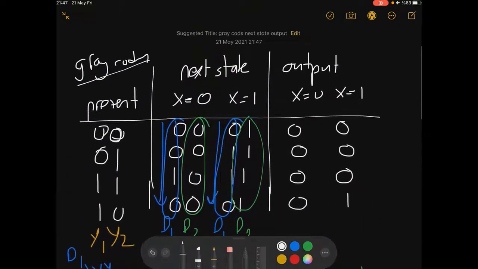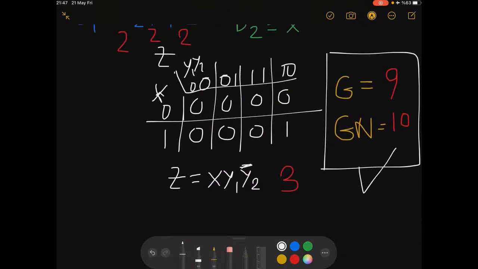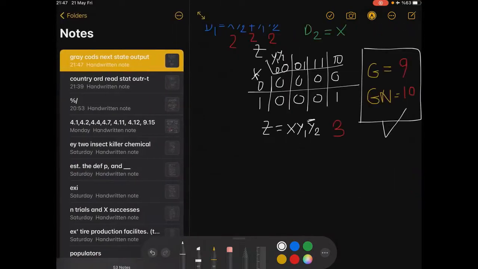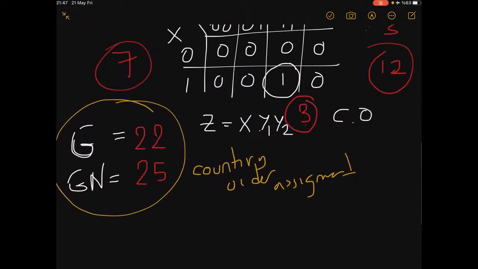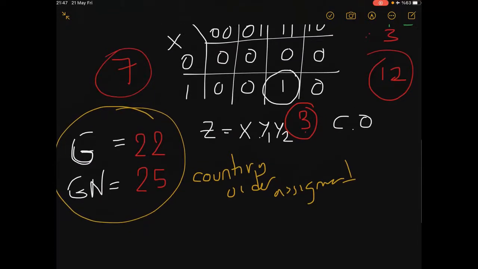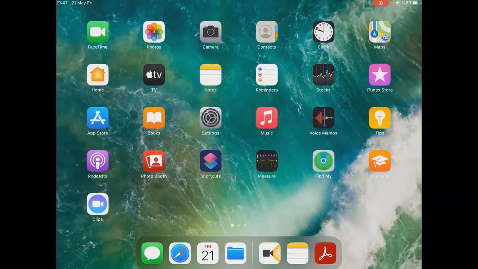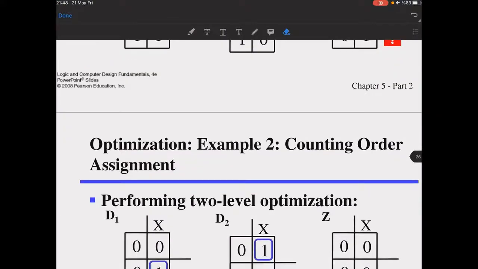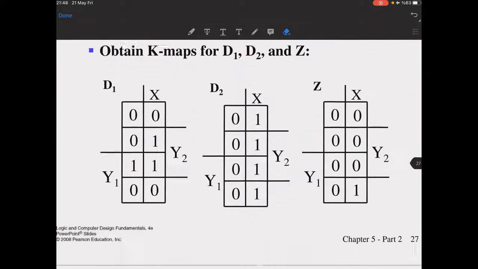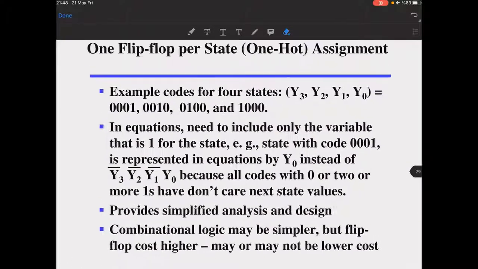So as you see, if we use gray coding, our cost is like this. If we use one hot code counting order assignment, our cost is like this. Okay, let me try to show you the one hot coding here.